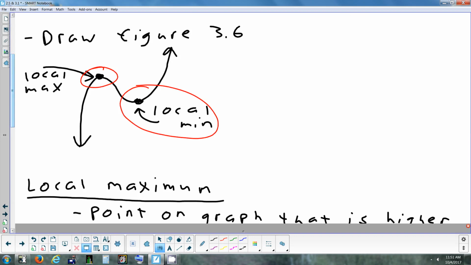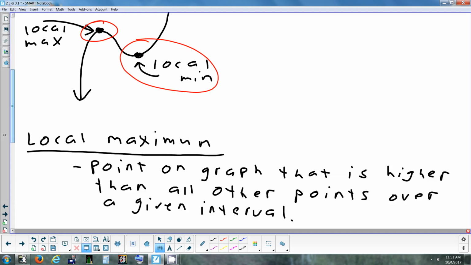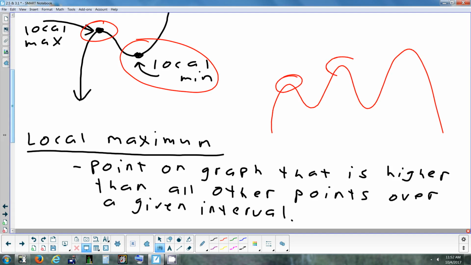That value that I just circled, that's a local minimum. What that means is it is lower than everything else around it. So to summarize, a local maximum is a point higher than everything around it. If you had a graph like this, that's a local max, that's a local max, that's a local max. It's higher than everything else around it.